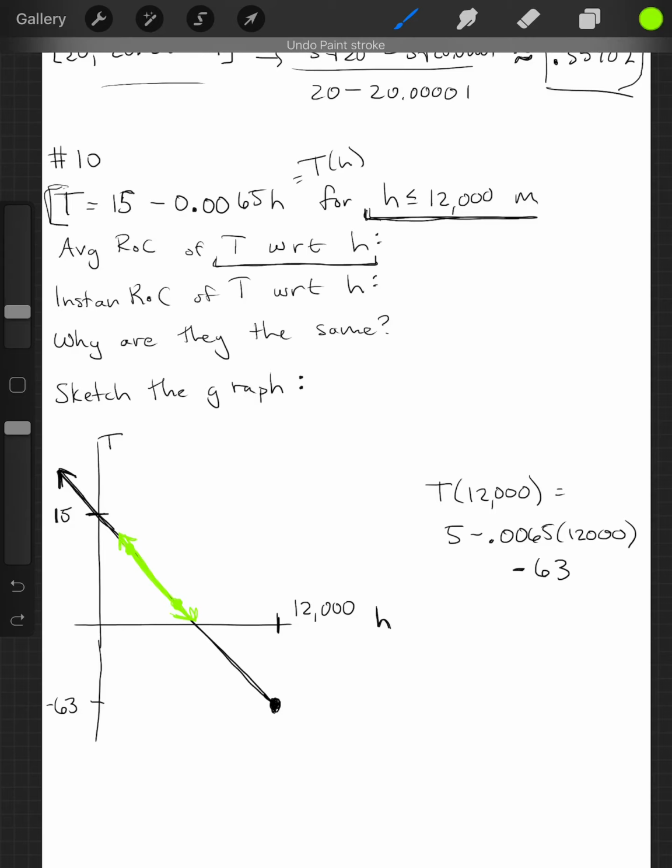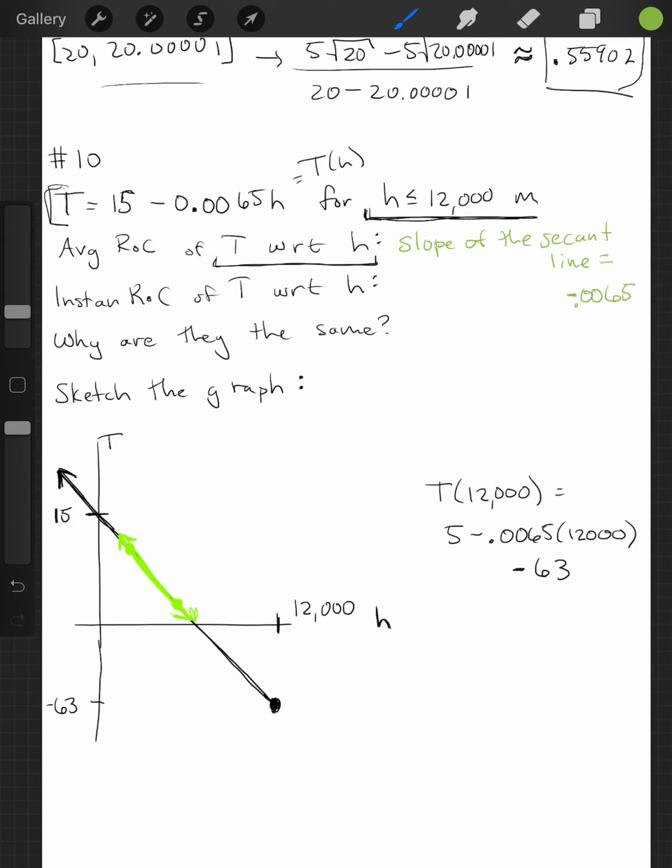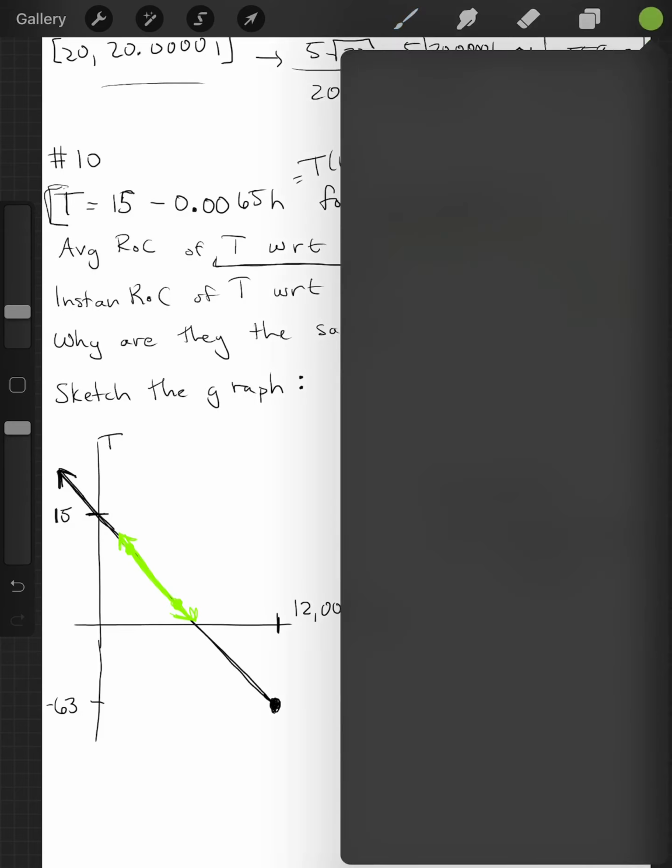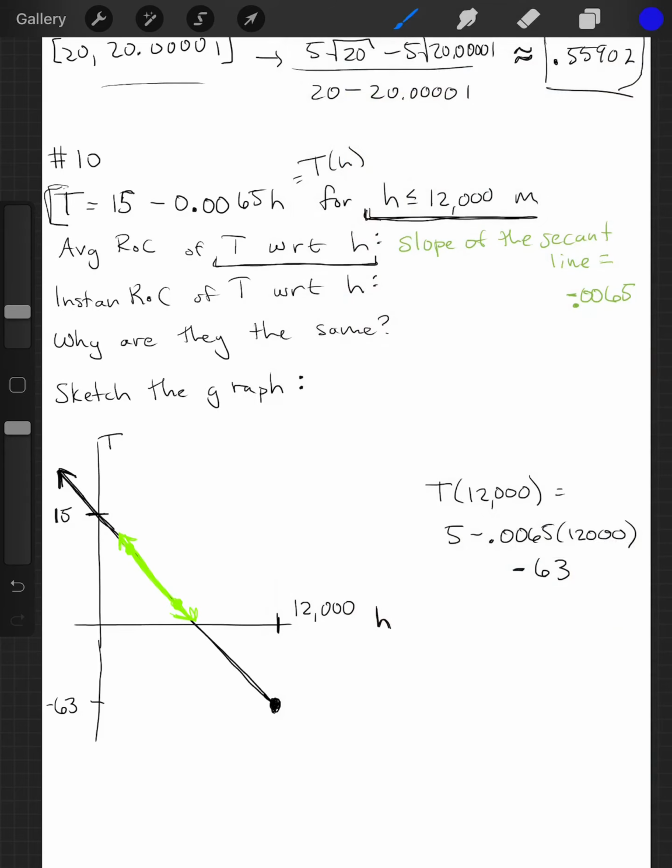So this average rate of change is supposed to be the slope. That's really not particularly readable, is it? Maybe this one will be easier. Yeah. Slope of the secant line. Didn't really leave myself enough room. We'll make it work. Right? But as we can see from this picture down here, the slope of the secant line is just the original slope. Right? Because the secant line and the function line are the same thing. Right? Similarly, for the instantaneous rate of change, that's the slope of the tangent.